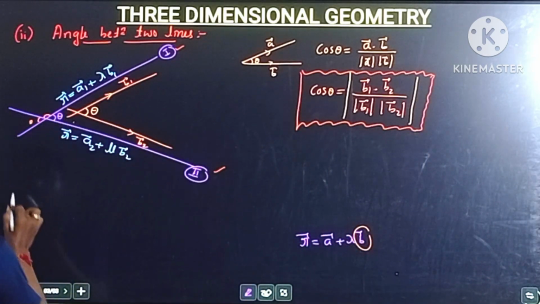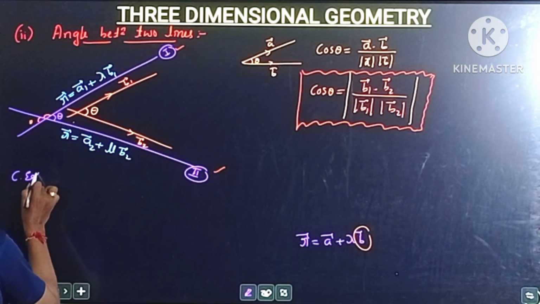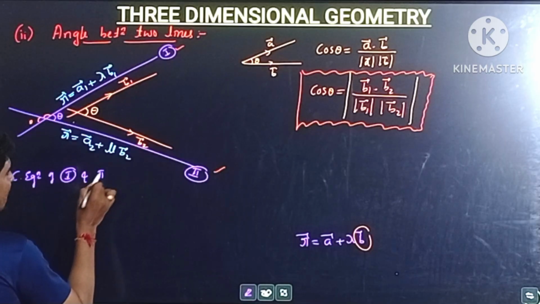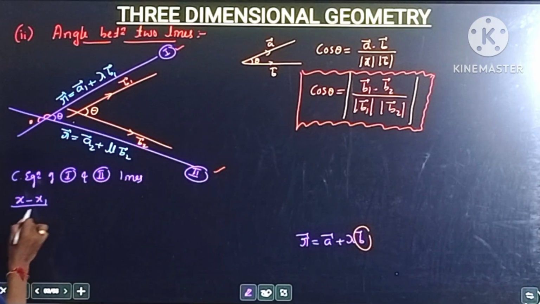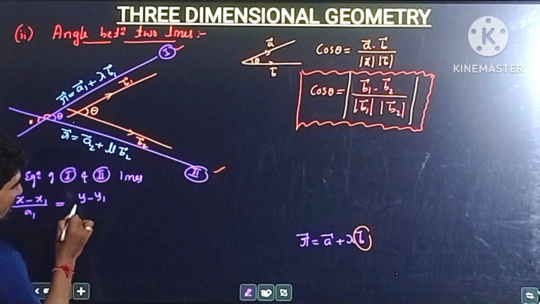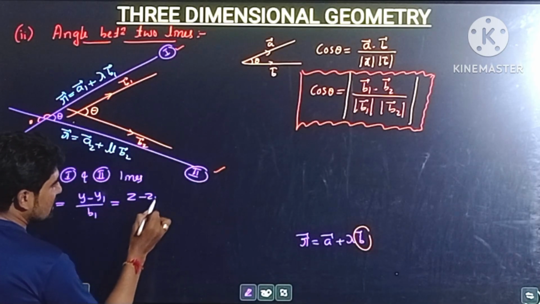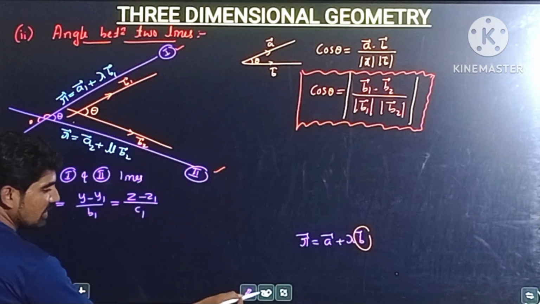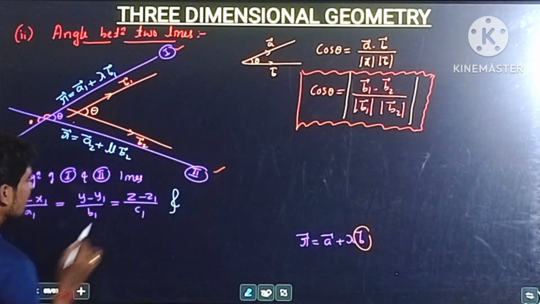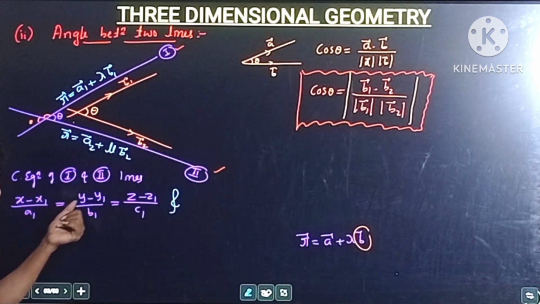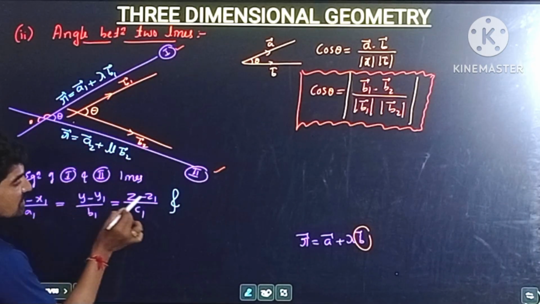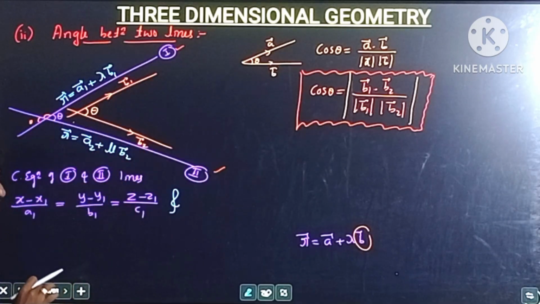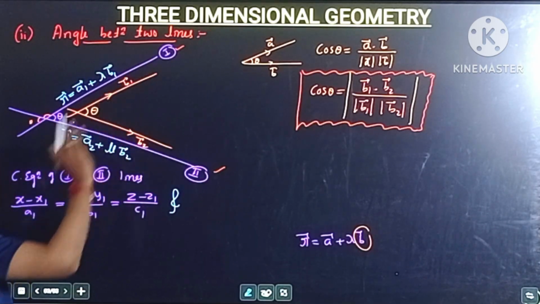Suppose the Cartesian equations of the first and second lines are: the first equation is x minus x1 divided by a1 equal to y minus y1 divided by b1 equal to z minus z1 divided by c1 is the Cartesian equation of the first line, where x1, y1, z1 are the coordinates of the point through which this first line is passing, and a1, b1, c1 are the direction ratios of b1 vector, and x, y, z are the coordinates of a general point on the first line.